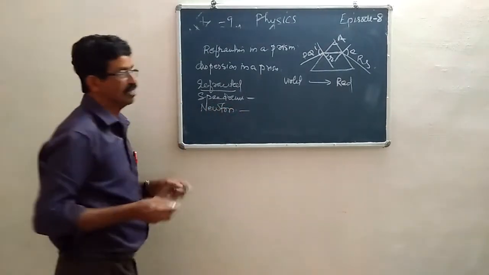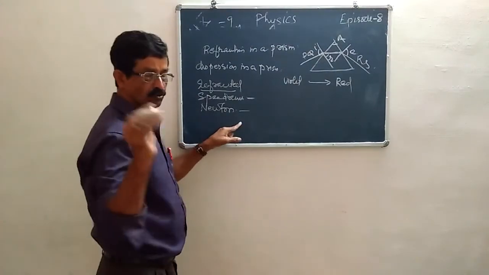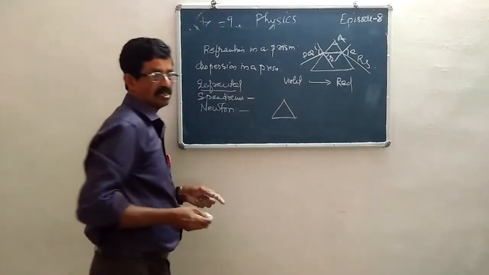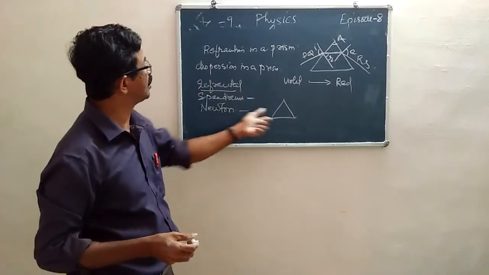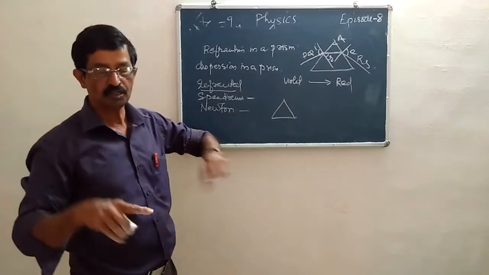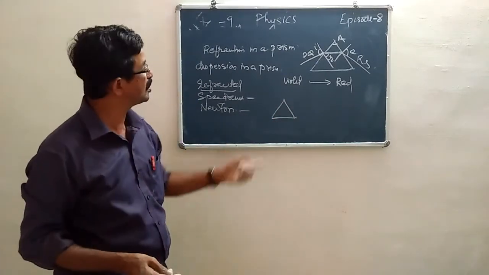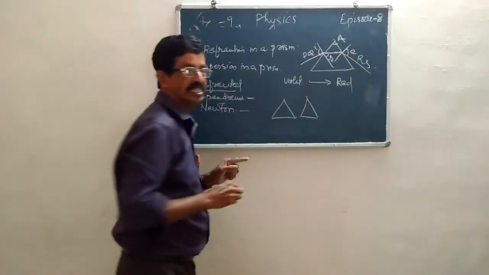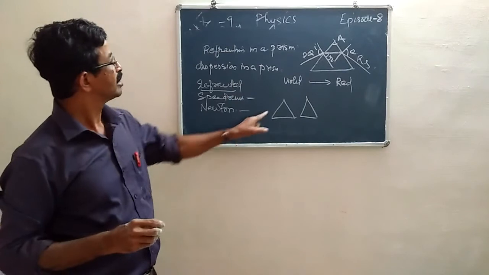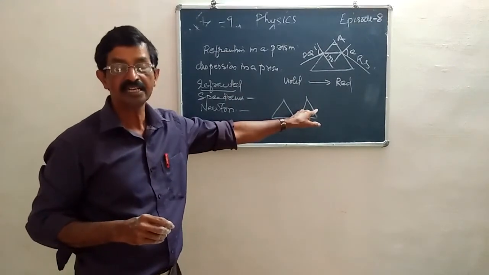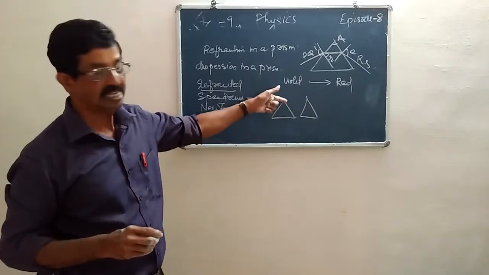Newton was the first who did the experiment to find dispersion. At first he got seven colors. To split those colors again, he placed one more prism in this way, but did he succeed? No. The second prism was also placed to separate these seven colors again, but he could not split them any more.